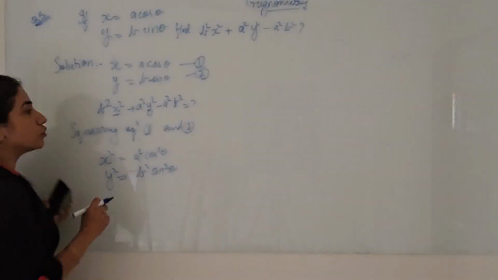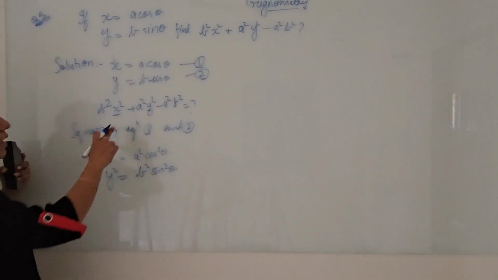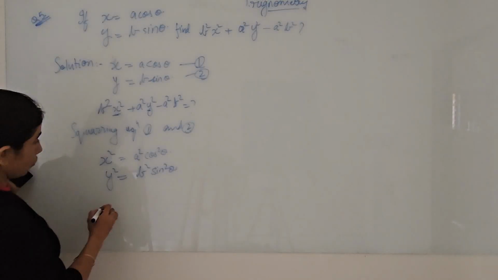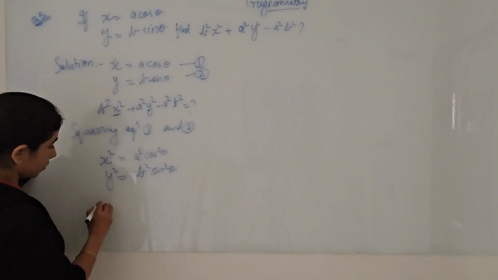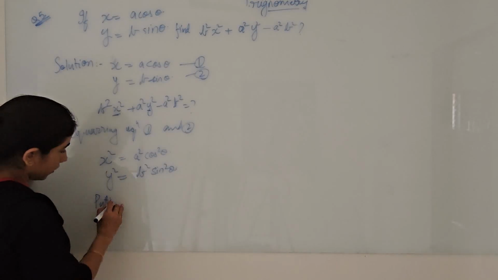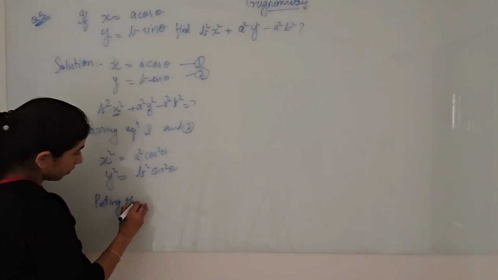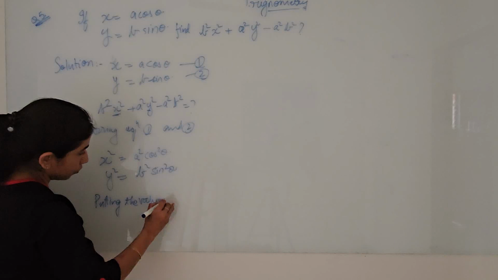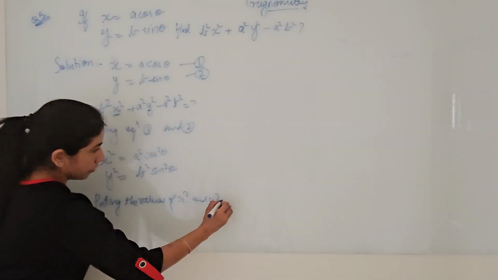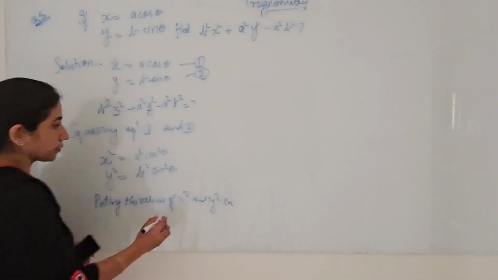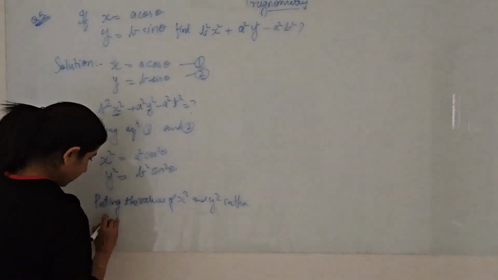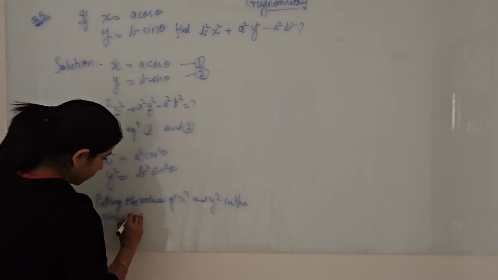Now putting the values of x square and y square in the given expression. I'll write it down.